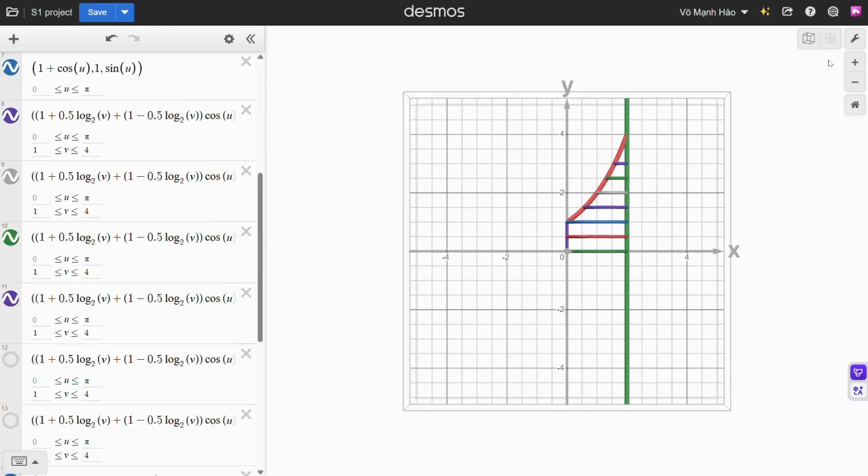Okay, now we have moved to the Desmos three-dimensional graphing calculator, and as you can see, I already sketched the line x equals 2 and the curve y equals 2 to the x. And here are some line segments that I already did last time in OneNote.